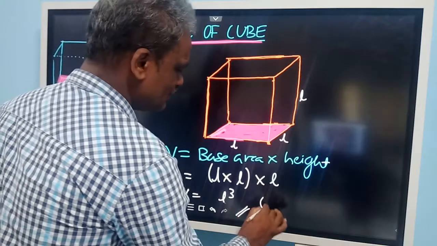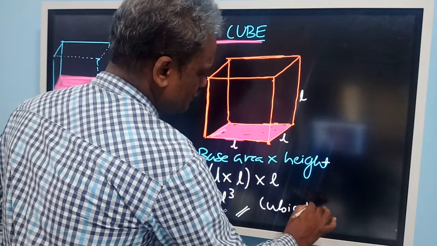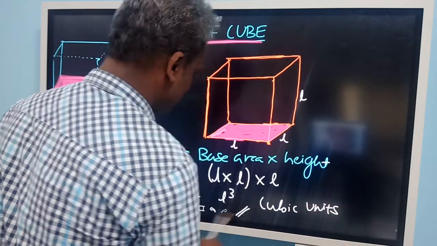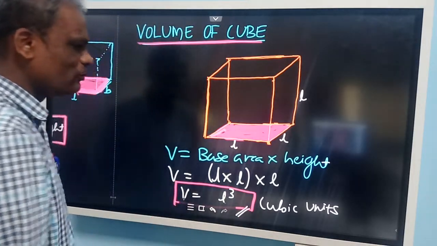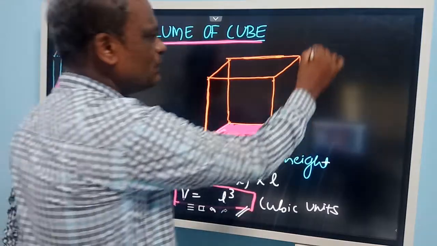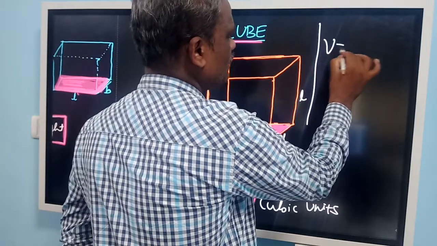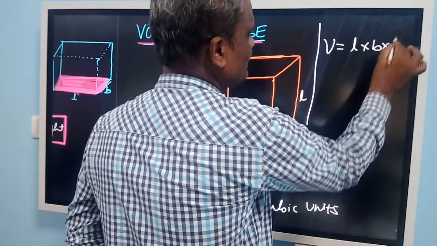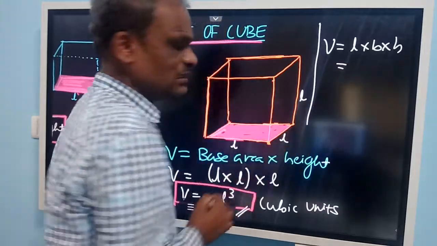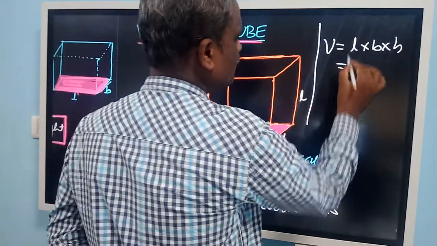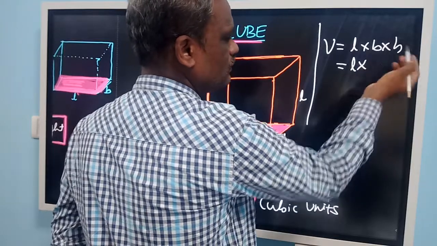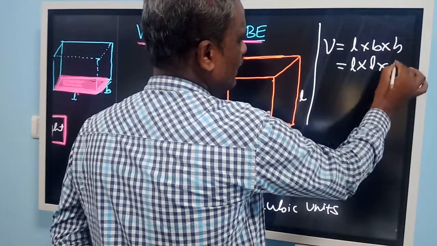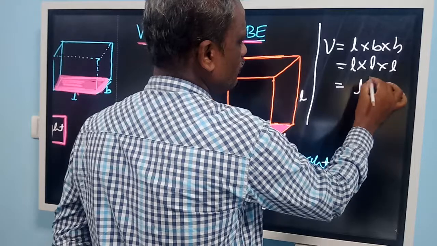So what are the units? Cubic units. The formula to find the volume is L cube. Even from the volume of a cuboid, L into B into H, since all the edges are equal, L is equal to B and is equal to H. So you can write it as L into L into L. So volume is equal to L to the power 3.